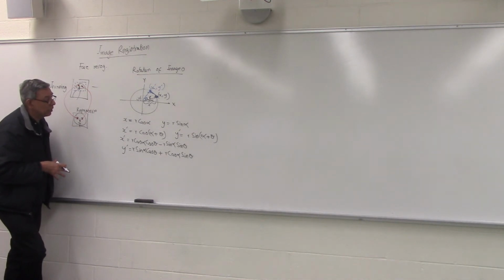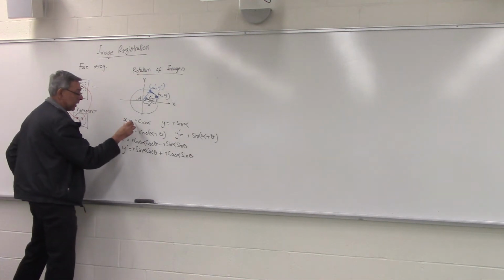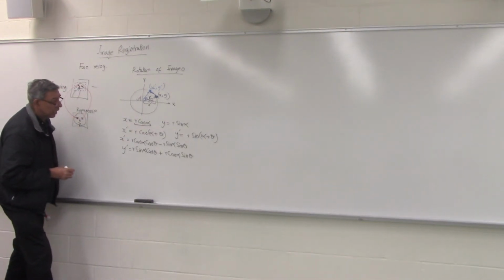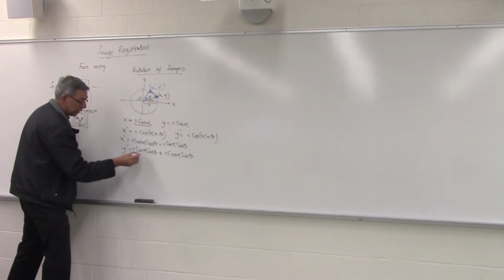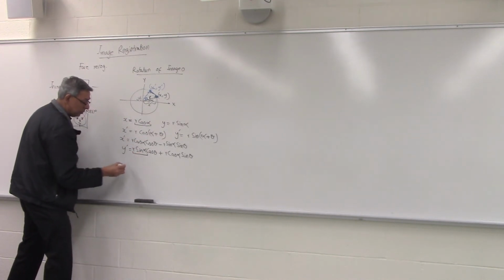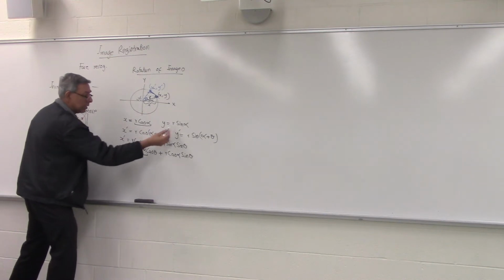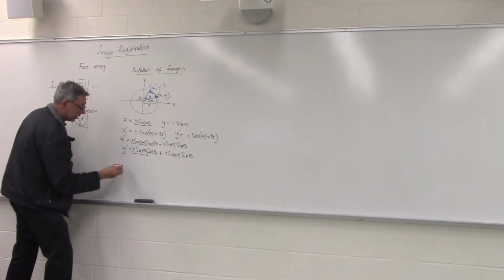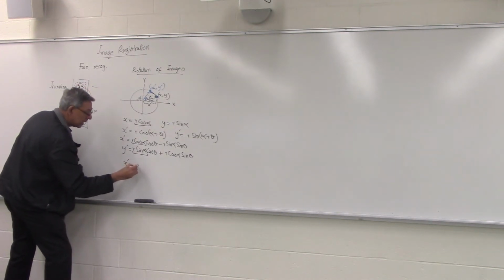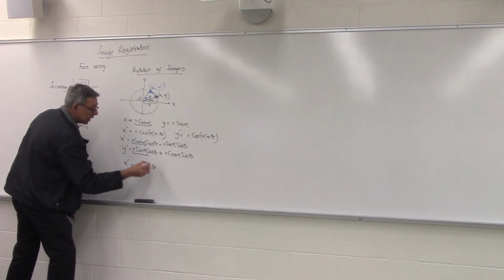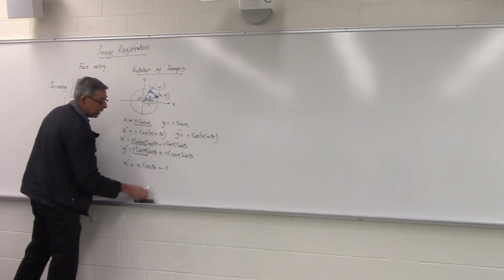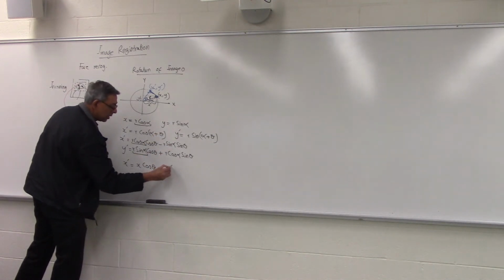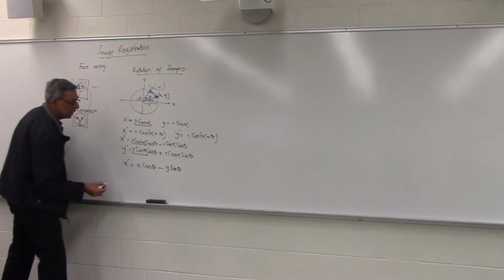Now we already know that x is given by r cosine alpha, and y is given by r sine alpha. So if you take a look at this one, what will this become? This will become x, and this will become y. So I can write this as x cosine theta minus y sine theta, correct?